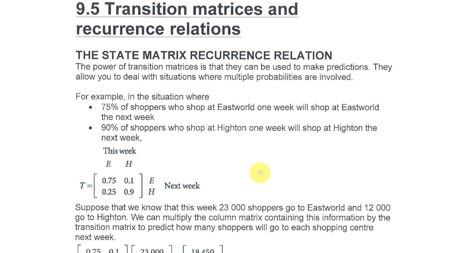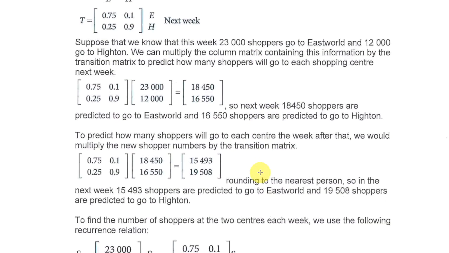Now let's imagine that in a particular week, initially there are 23,000 shoppers that go to E and 12,000 shoppers at H. Then to work out how many shoppers we have at each shopping centre the following week, we can simply take that initial state matrix, 23,000 at E and 12,000 at H, and pre-multiply it by the transition matrix.